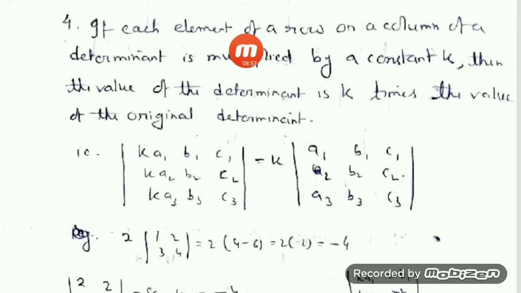If each element of a row or a column of a determinant is multiplied by a constant k, then the value of the determinant is k times the value of the original determinant. Now you see, what does it mean? Suppose you select any particular row or column and the same number is multiplied with each and every element of that particular row or column.